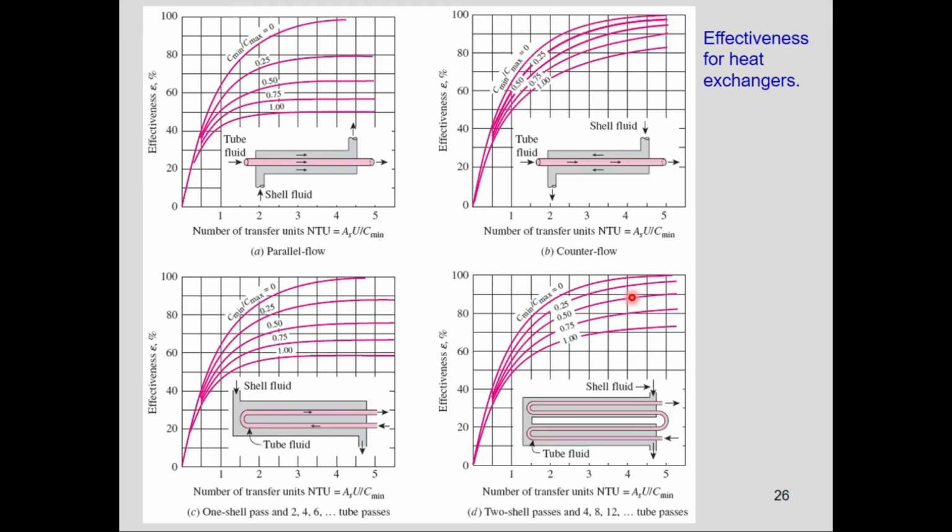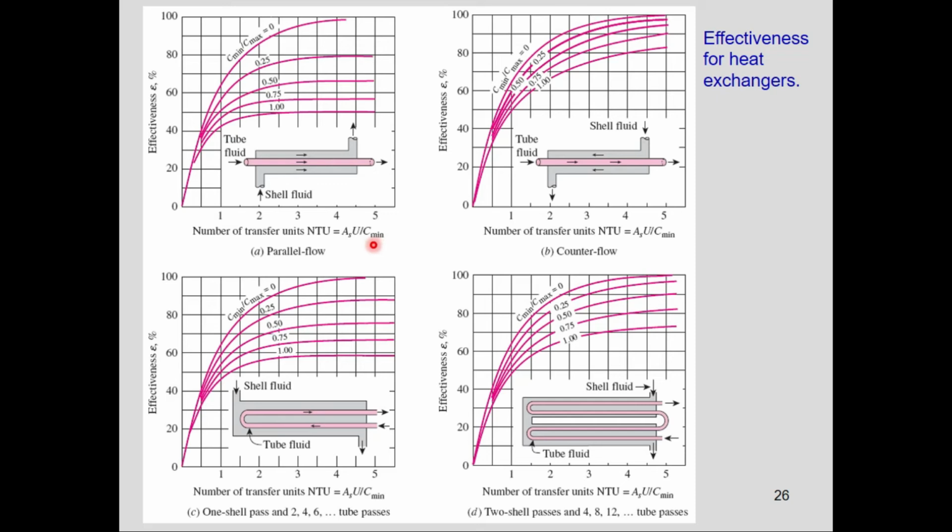So the effectiveness of the heat exchangers, the value of epsilon, can be determined for different geometries if we know the value of the NTU, the number of transfer units. What is the number of transfer units? If we have the surface area, overall heat transfer coefficient, and the minimum heat capacity rate, C min, right?